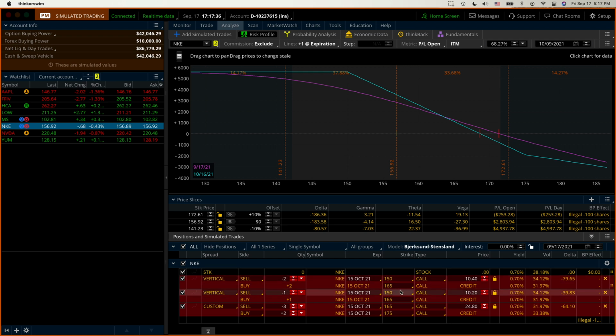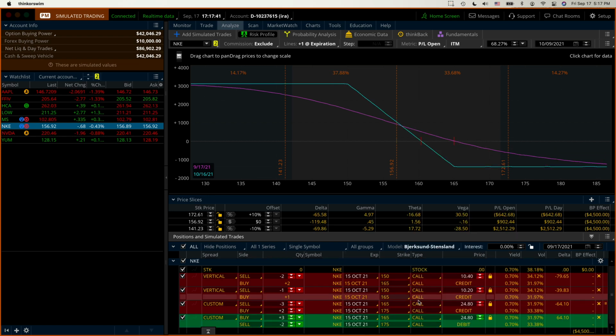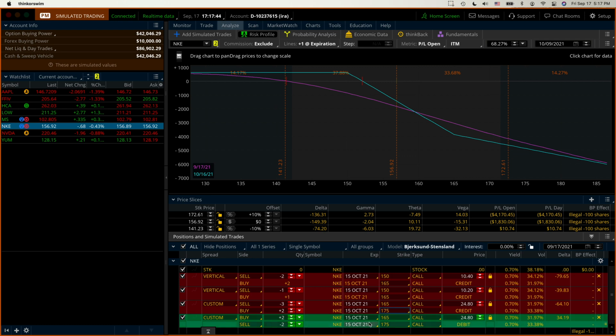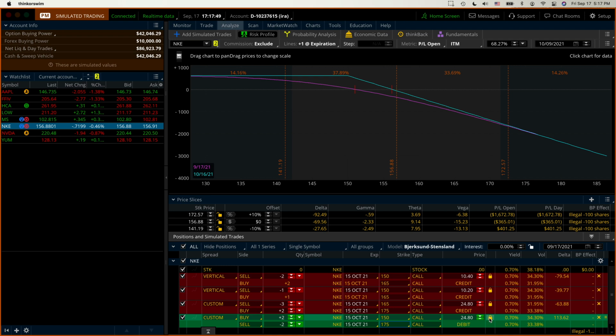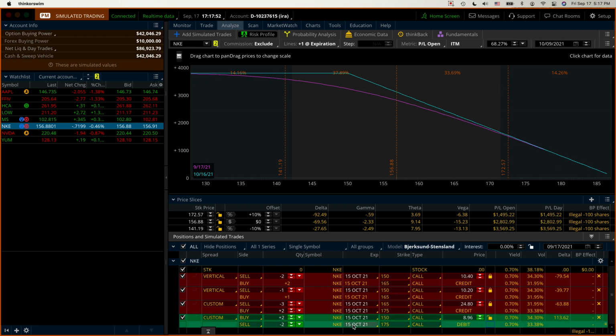And so now we reverse that by buying back 2, 50 to 75, and we are taking quite a bit of credit from that trade. So this is something you can do. It's like taking your profits, that's all, from your vertical spreads. So you could do that.